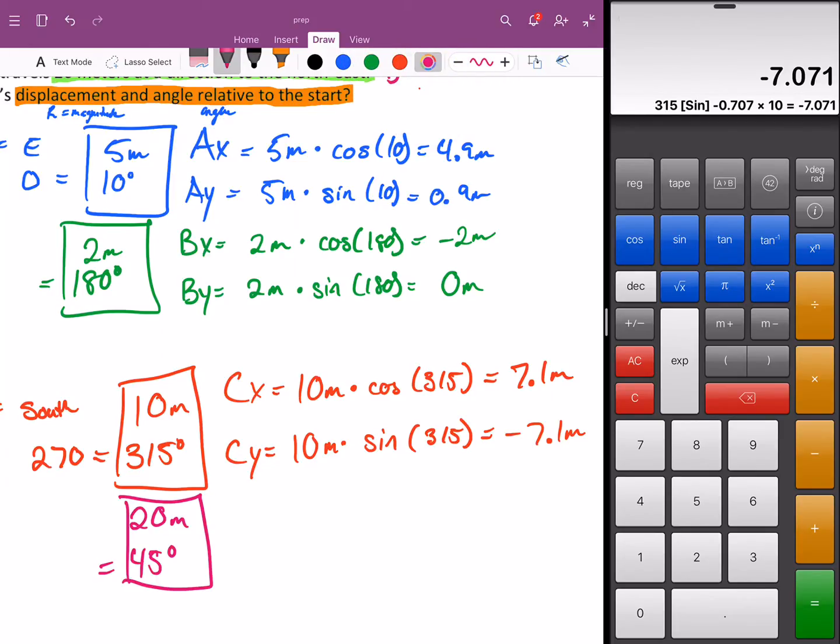And then finally, DX, DY. 45 cosine times your magnitude of 20, 14.1. Let's write this all down.